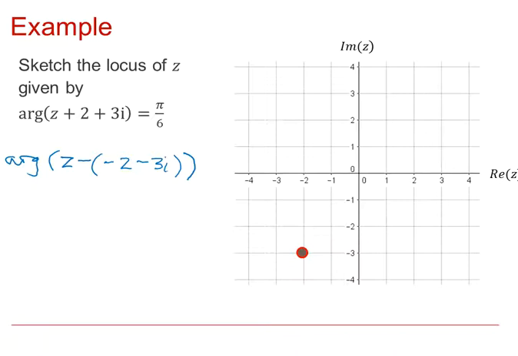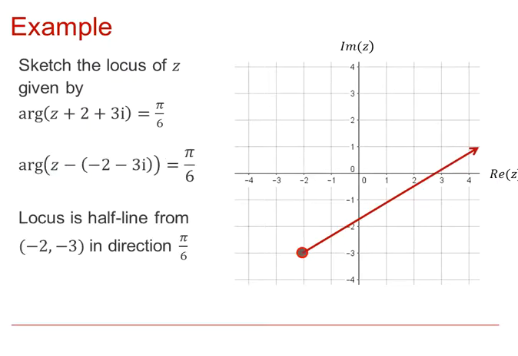So that's our starting point for the half line. And we know that that half line is going to be at an angle of pi by 6 from the line through y equals minus 3. This is shown here in red on the Argand diagram.